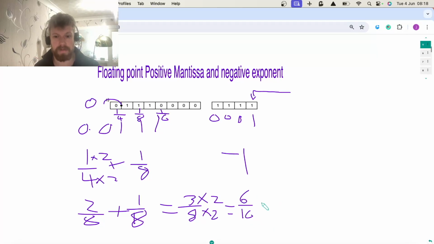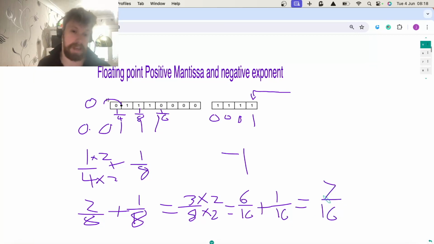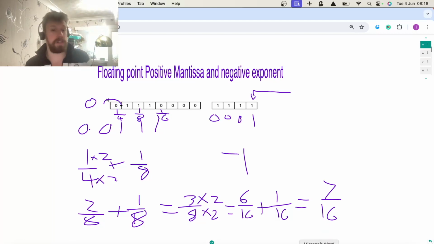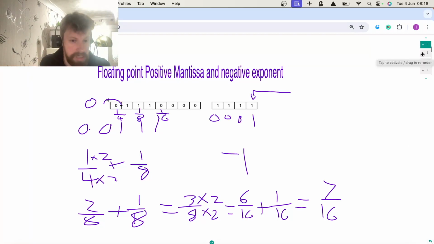Then we're going to add the 1 over 16, which gives us 7 over 16. Okay, so that's our answer there. Personally, I find it easier to use fractions, but it's personal preference. If you prefer using decimals, use the decimals.